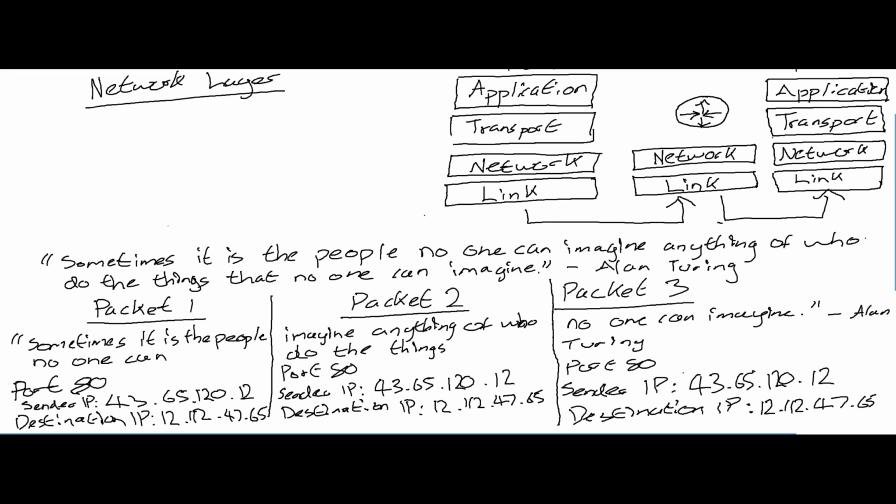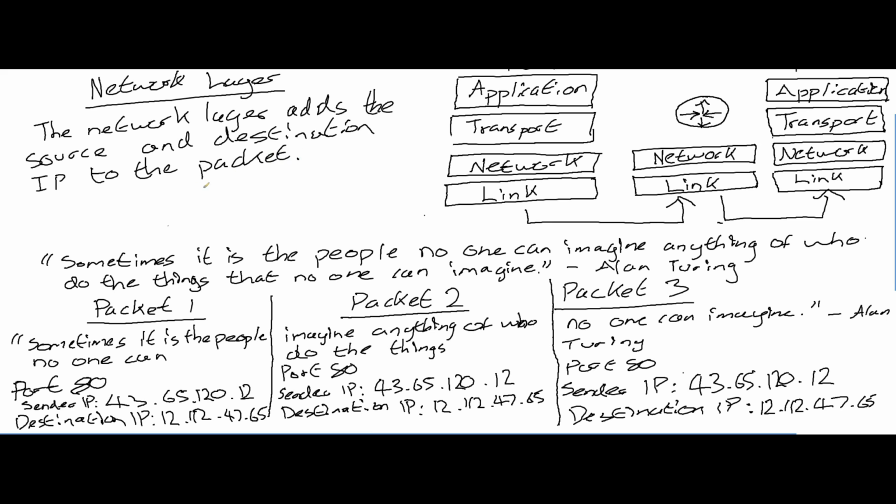Okay, so I've added some sender and destination IP addresses, and let's just run through what the network layer is for once again. The network layer adds the source and destination IP address to each packet that's being sent. It also has one more job: it uses an IP address and a port number to form a socket.